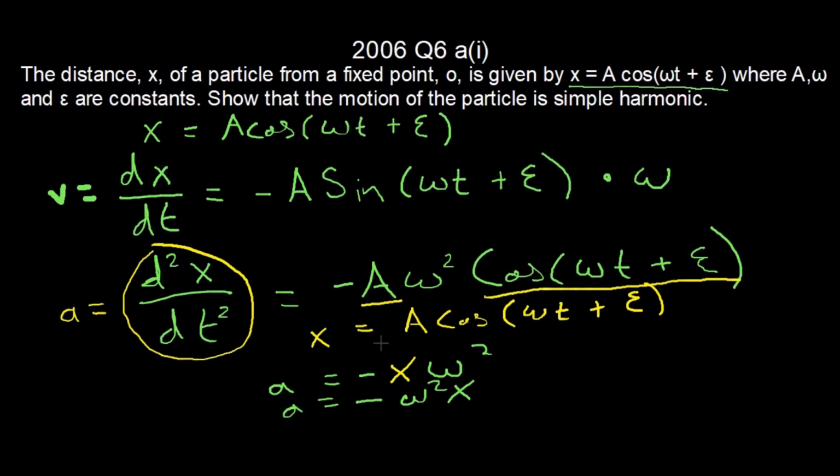Now this proves simple harmonic motion, because if you look back at my previous video once again, we had the defining equation of simple harmonic motion, which was a is equal to minus omega squared x. So acceleration is directly proportional to displacement from the equilibrium, where omega squared is a constant. So this proves SHM.